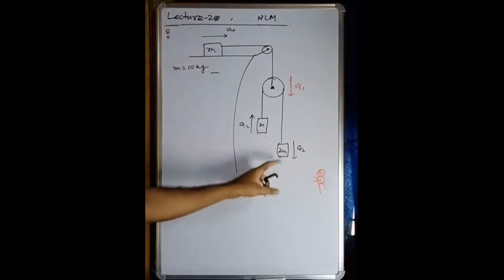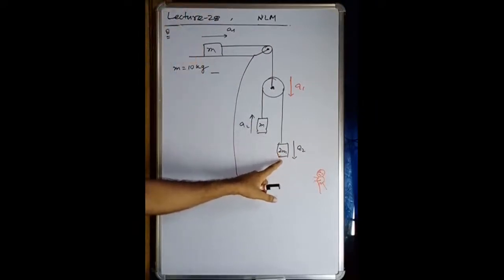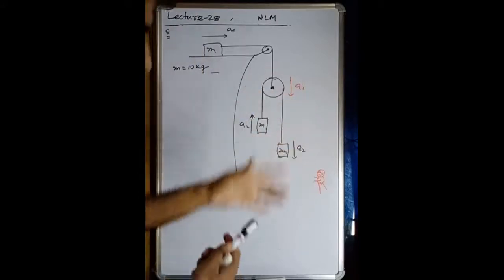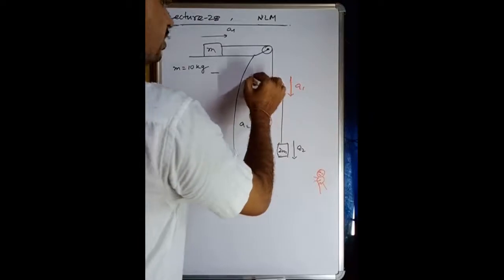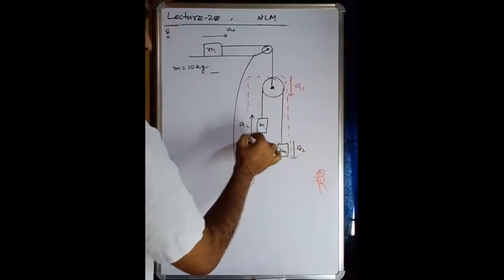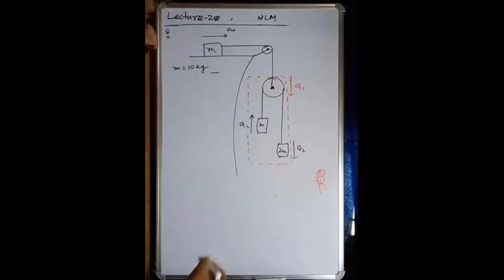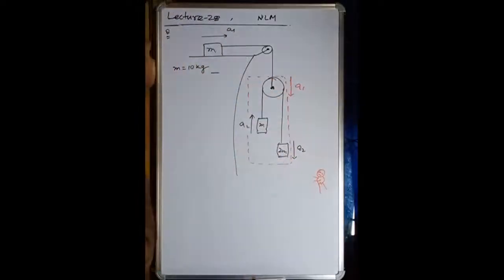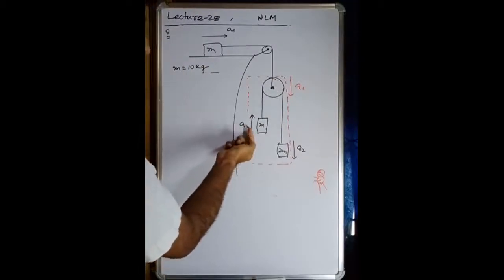So we'll use the net acceleration of this block as A1 plus A2. Suppose this pulley is moving down, that is, the entire system is moving with an acceleration A1 down, and this body is moving with an acceleration A2.